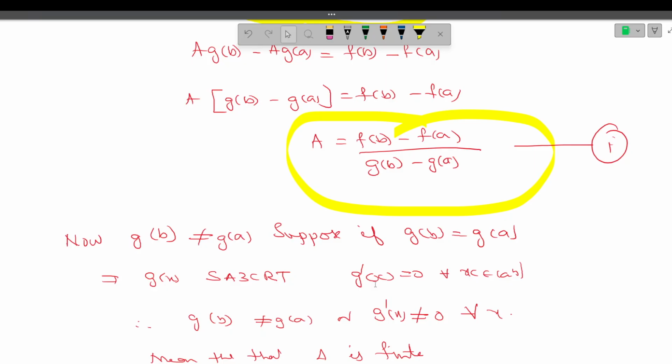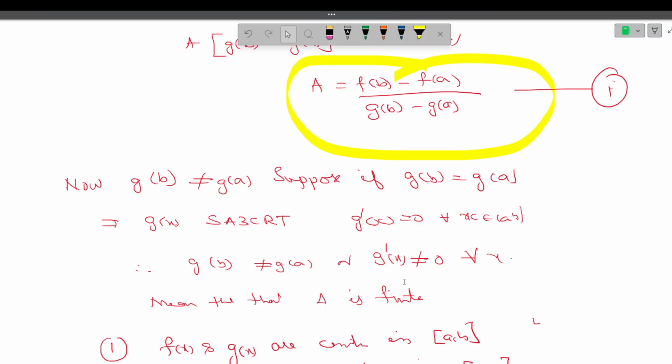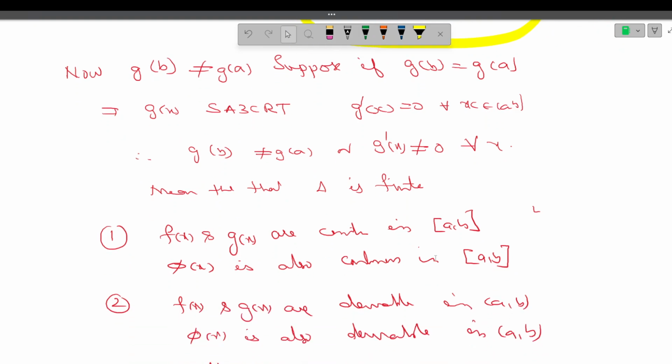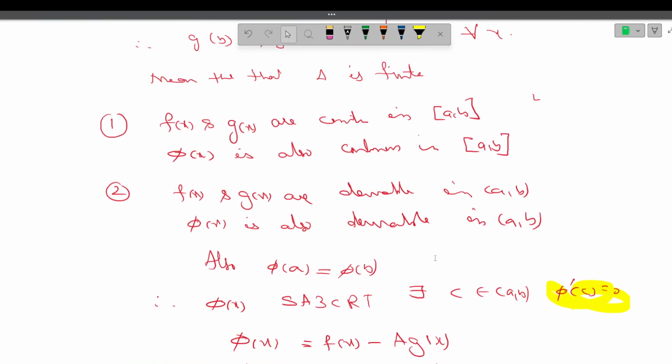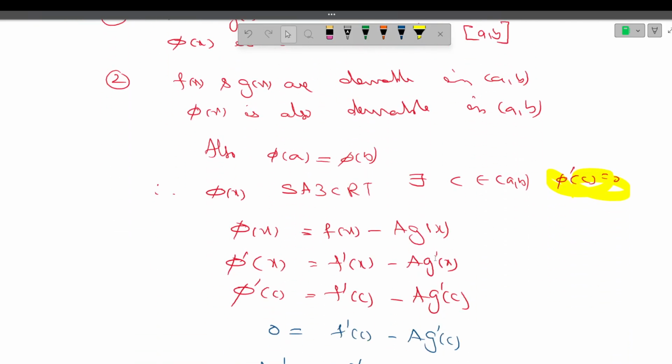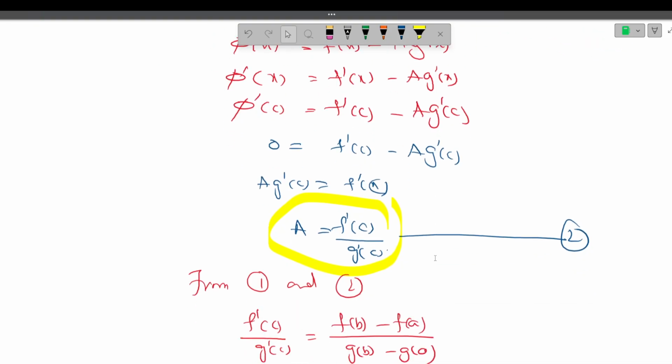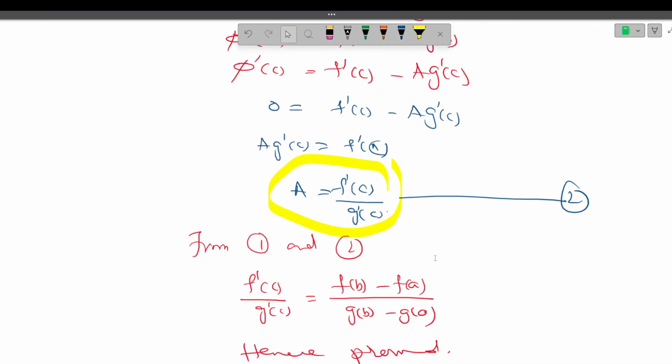Therefore, g dash c equal to 0 for some c, which contradicts the hypothesis. Therefore a is finite. Then phi of x is continuous and derivable, so it satisfies Rolle's theorem, and with that we got the value of a from 1 and 2. Hence the Cauchy mean value theorem, or second mean value theorem, is proved.